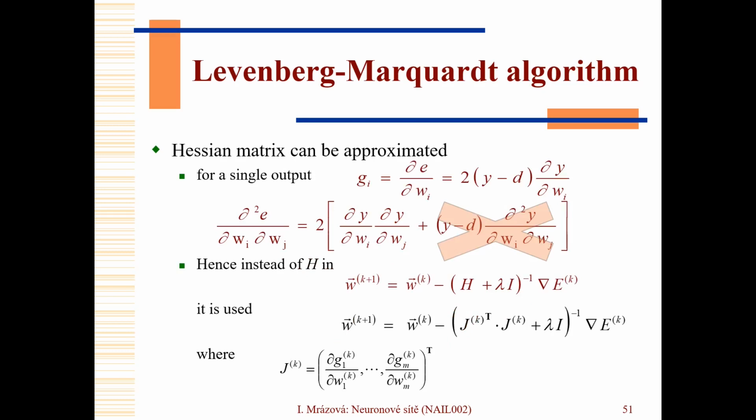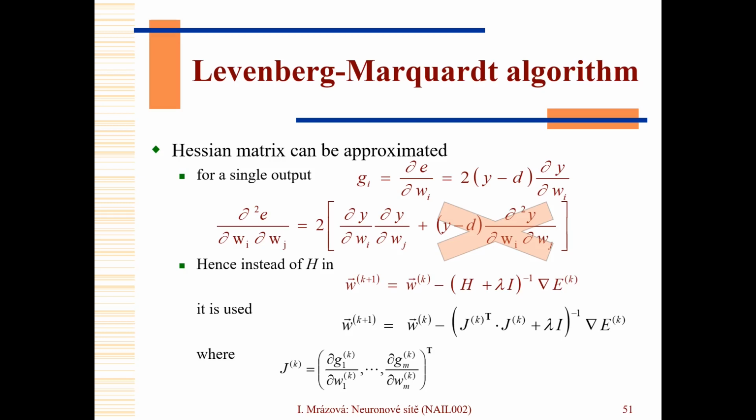Now let us look at how the Hessian matrix could be approximated by the Levenberg-Marquardt algorithm. The Levenberg-Marquardt algorithm tries to approximate the Hessian matrix more precisely than, for example, the quick-prop algorithm does. Anyway, it still will be just an approximation.